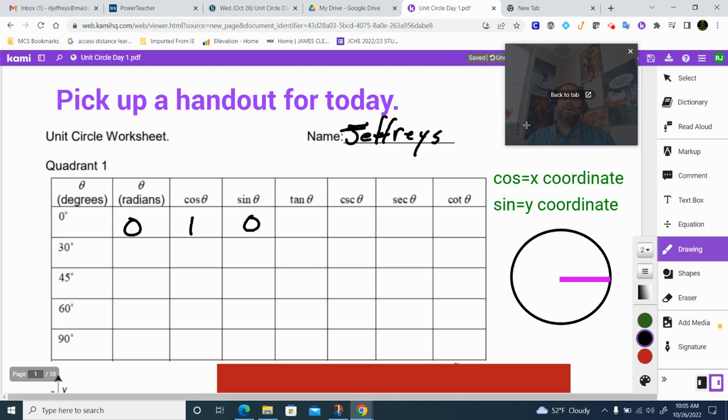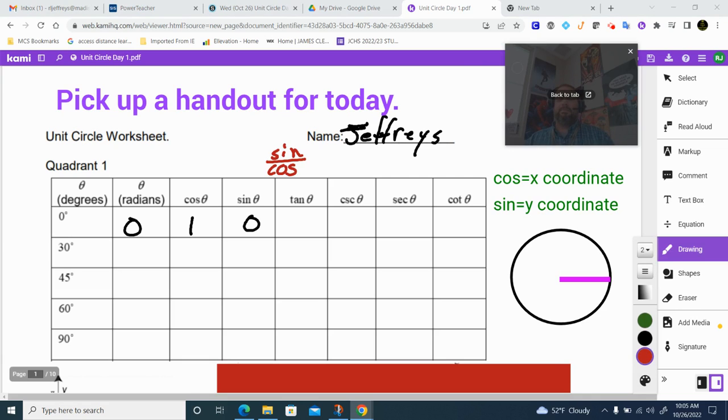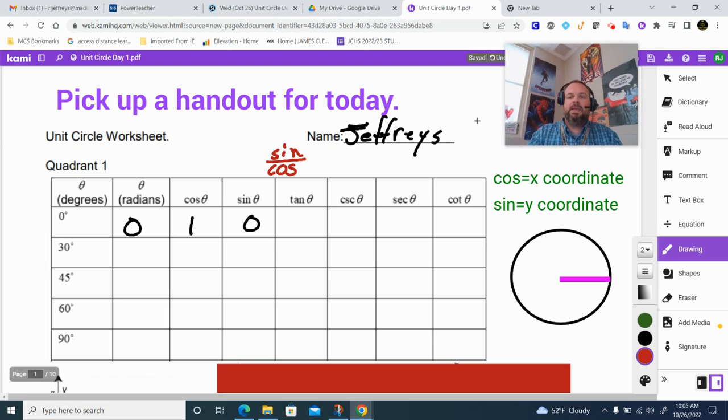Okay. Now, tangent. This is something you may want to write down. This is our sine over cosine. And so this would actually end up being 0. Now, cosecant.